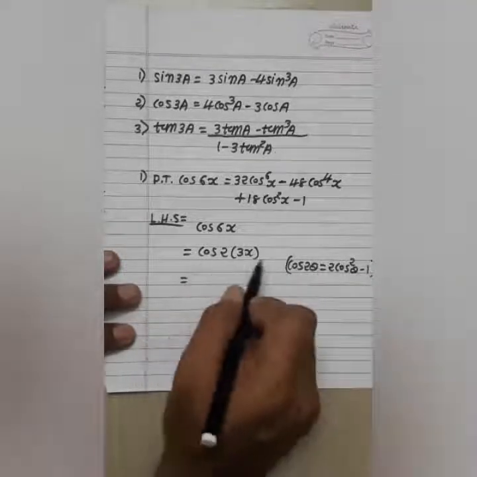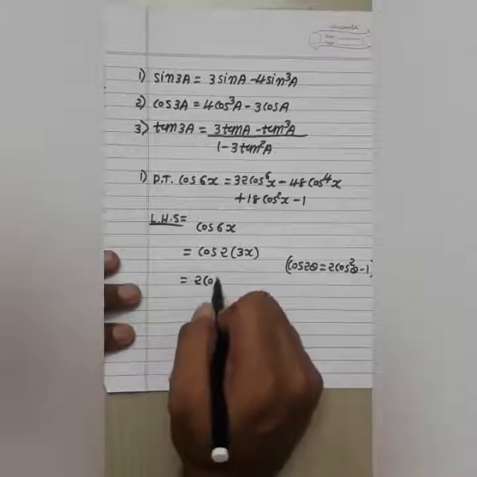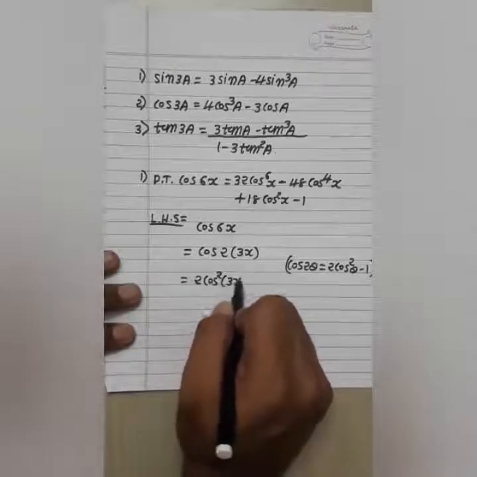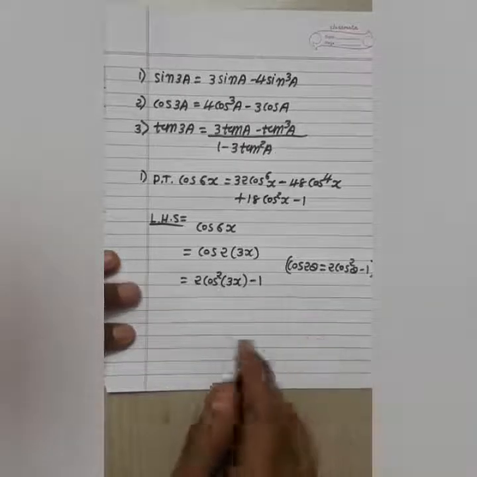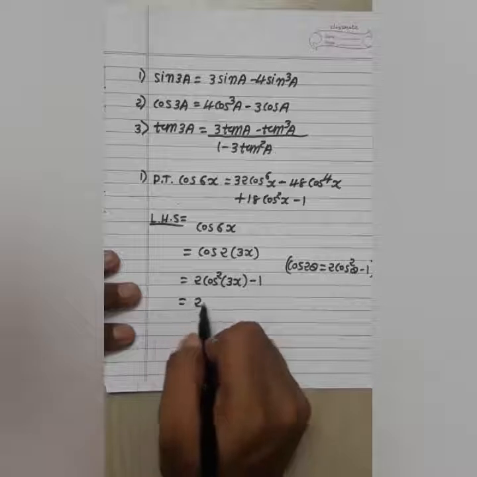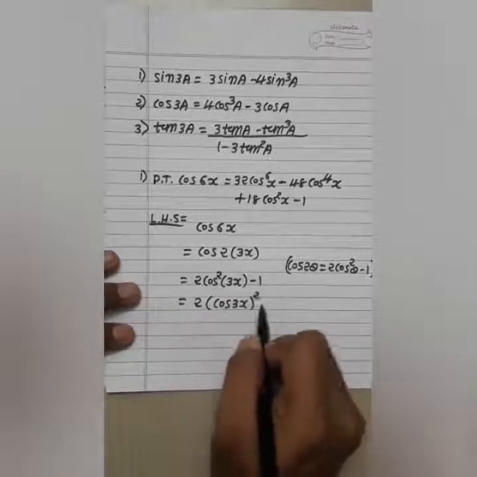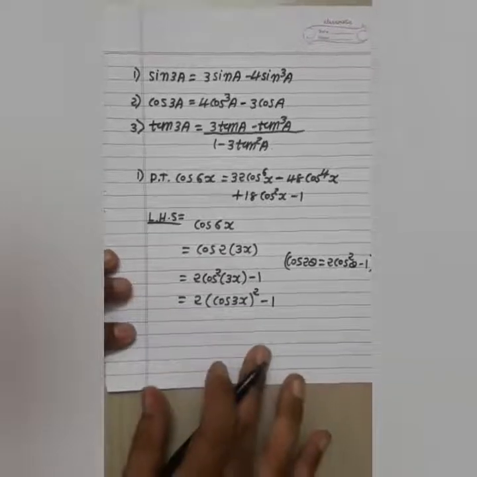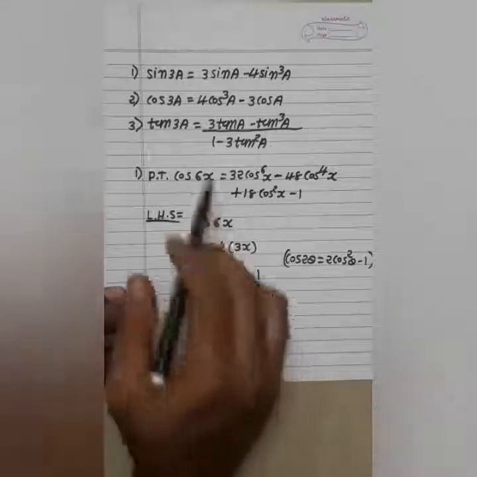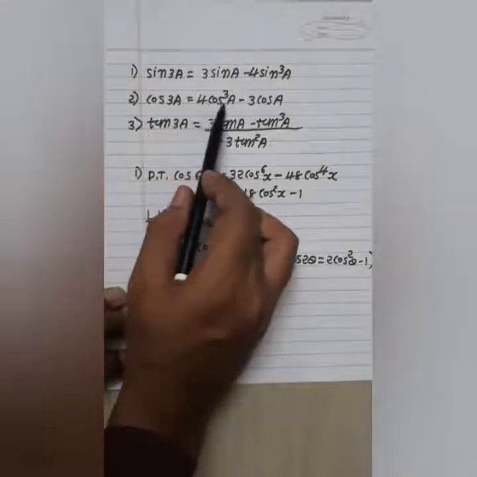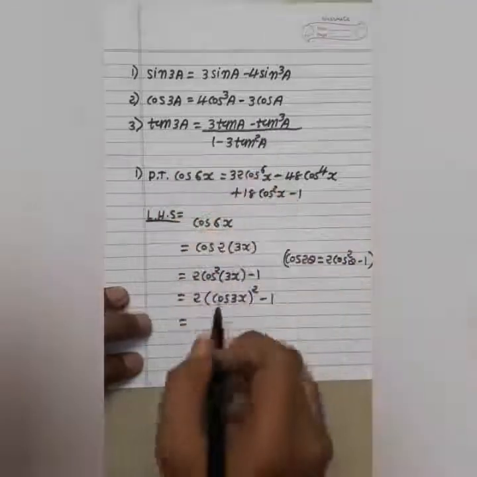So we write 2 cos square theta, with 3x in place of theta, minus 1. Here we can write 2 (cos 3x) whole square minus 1. Now apply the identity cos 3A, that means 4 cos cube A minus 3 cos A. So here apply this identity.